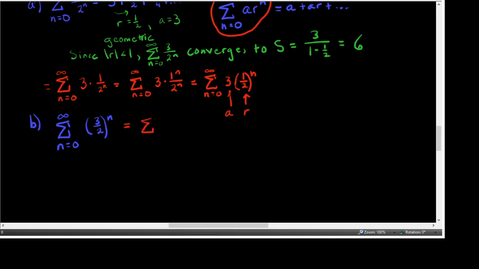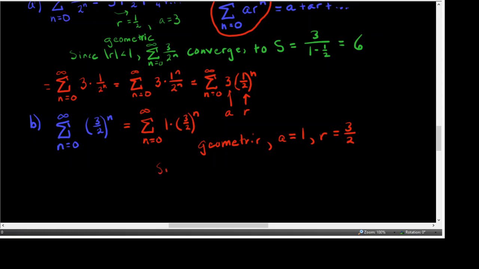What number is invisible that's written in front of that parenthesis? You're right, it's the number 1. And so since it's writable in that form, that means that it's geometric. We can now say that a is 1 and that r is 3/2.